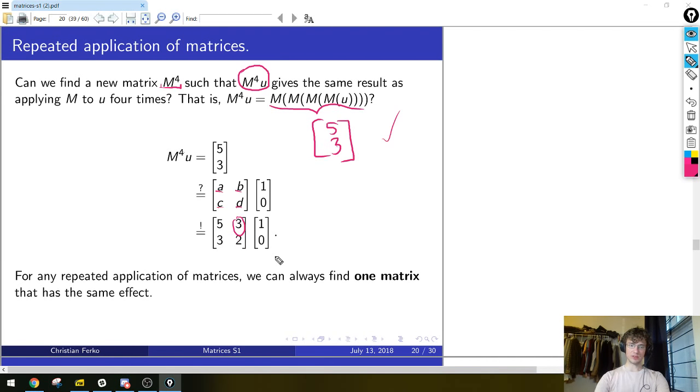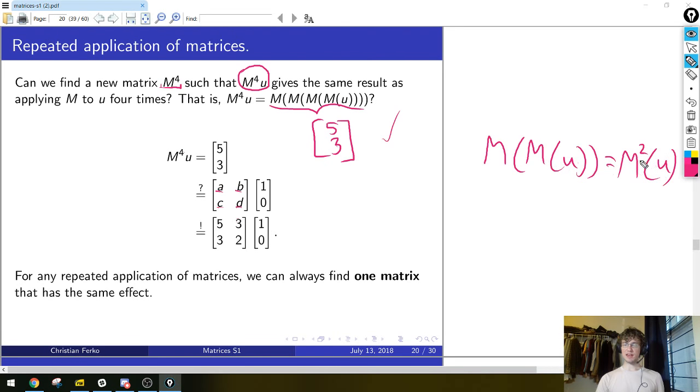The upshot of the whole discussion is that this is a general phenomenon. Any repeated application of matrices, even if it's not the same, this was the same matrix applied twice to one vector u, and we can find a new matrix m squared which has the same output if you apply it to a vector u.